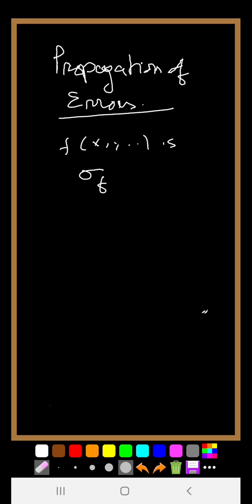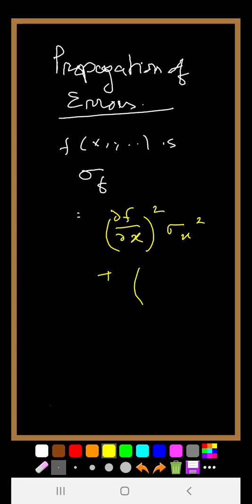then we can express sigma f as equal to del f by del x whole square into sigma x square plus del f by del y whole square into sigma y square, and so on.